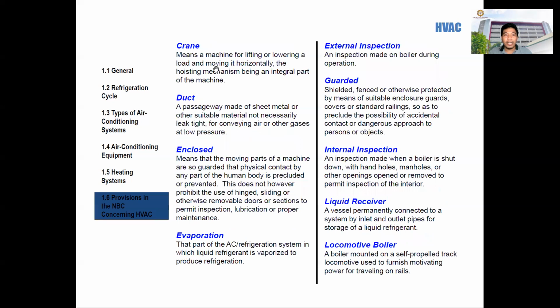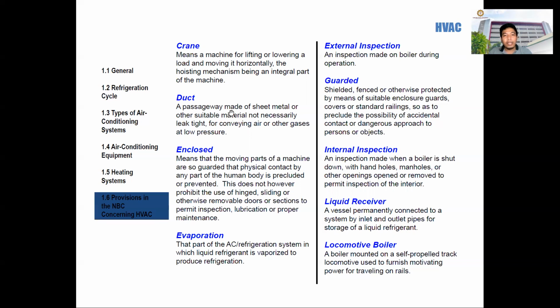And then we also have a crane, means a machine for lifting or lowering a load and moving it horizontally, the hoisting mechanism being an integral part of the machine. So we also discussed this in building conveying system. Next, we have duct.